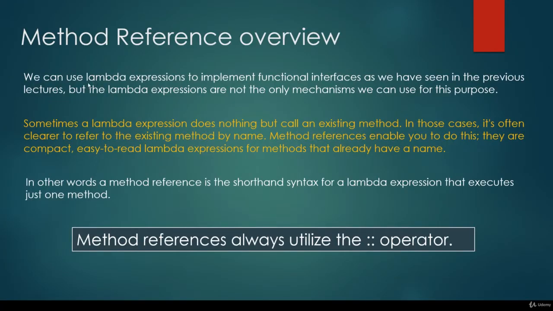Thanks for watching. In this lecture, we are going to talk about method references. Okay, so we can use Lambda expressions to implement functional interfaces as we have seen in the previous lectures, but Lambda expressions are not the only mechanisms we can use for this purpose. Sometimes a Lambda expression does nothing but call an existing method. In those cases, it's often clearer to refer to the existing method by name, and this is why method references came to be.